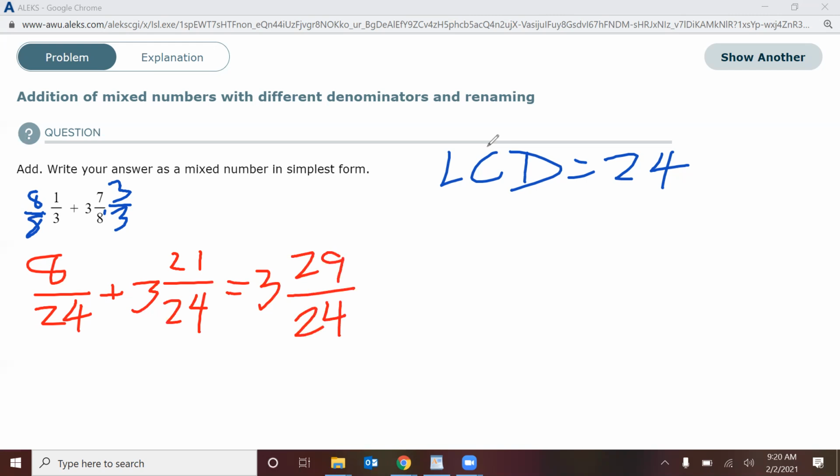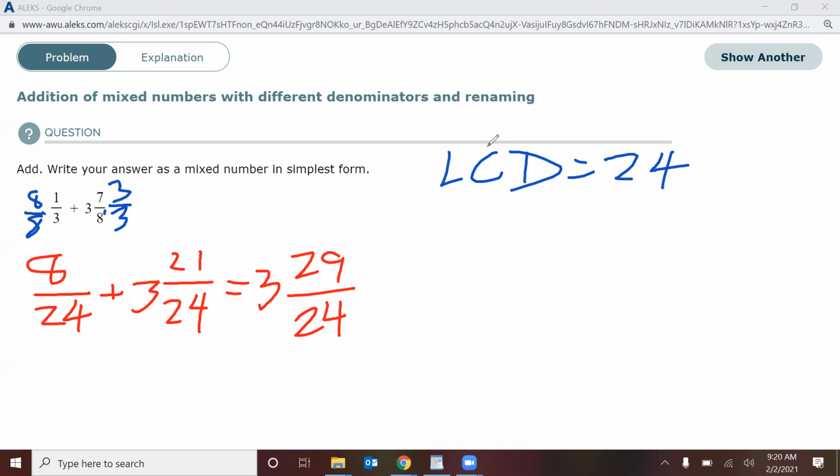However, we have a problem. The fractional part of the mixed number answer is now improper, or in other words, the numerator is bigger than the denominator.